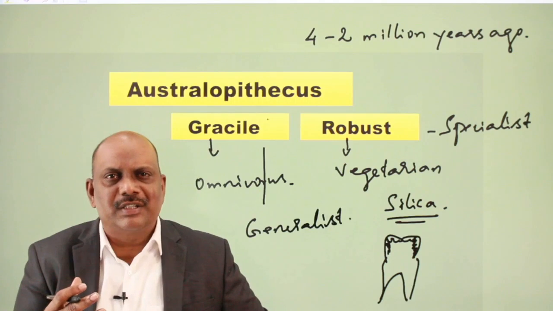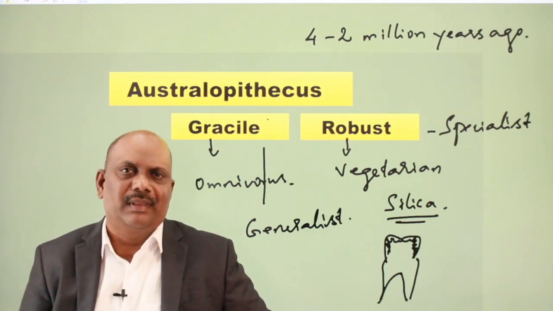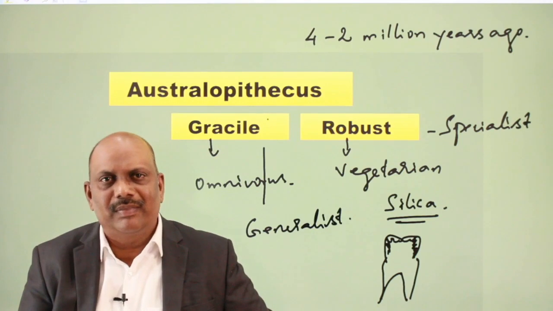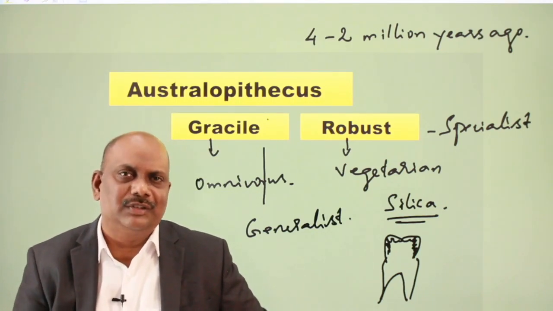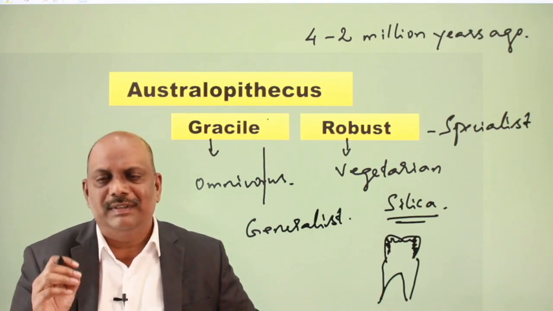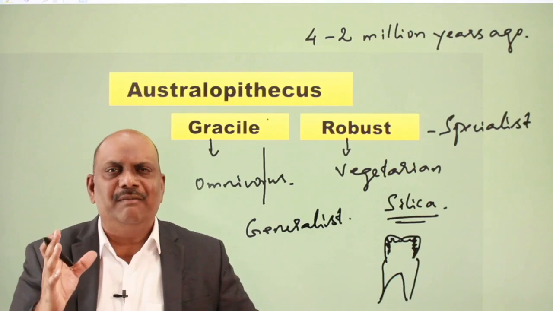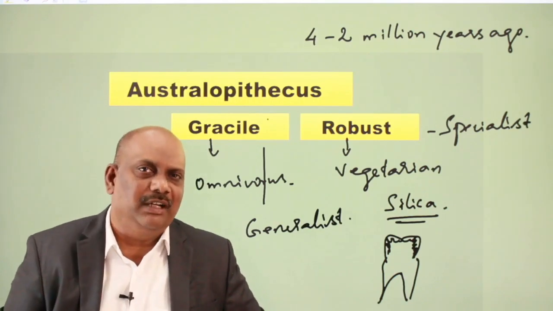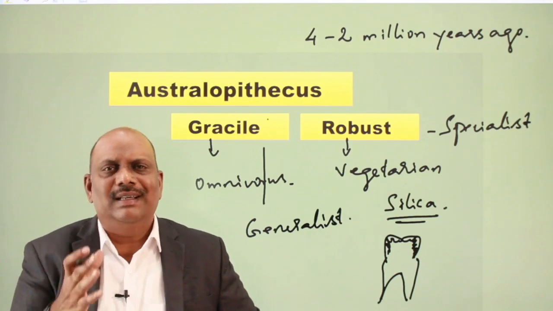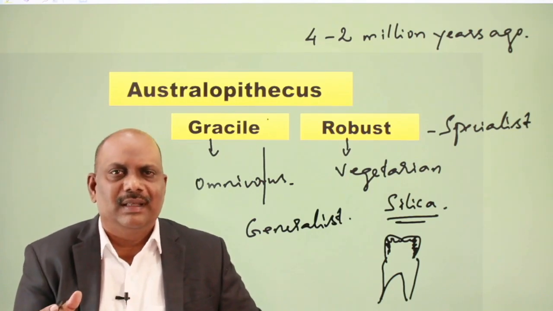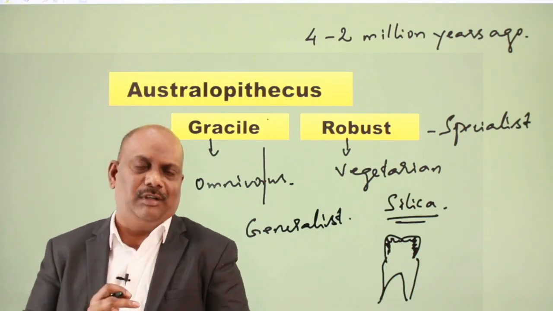Generalist means they have a wide range of food habits. If fruits are not available, they can rely on meat. If meat is not available, they can rely on tubers. But that is not the case with the specialist. So robust, or specialist, had a very narrow range of food habits. They were strictly vegetarian. On the other hand, the gracile were omnivorous. That's why we call them generalists. They have a wide range of food habits.